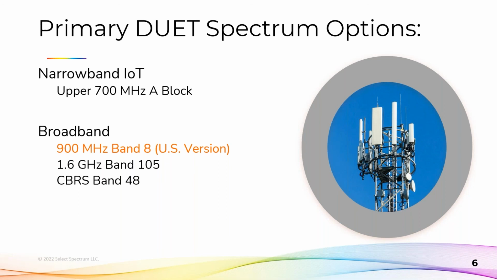We certainly recommend looking at 1.6 gigahertz band 105. By the way, we also represent Ligado Networks. They have band 105, and they have a broadband, but band 24 as well, could be considered. And finally, CBRS. So this is available nationwide on a GAA basis. We have PALs available in several hundred counties around the country, and could match your needs.